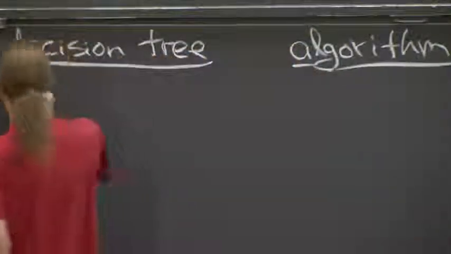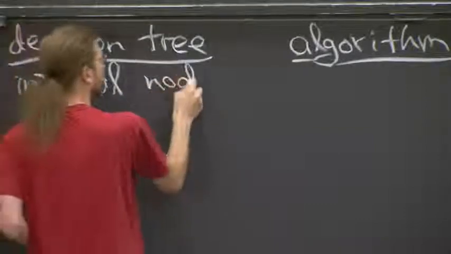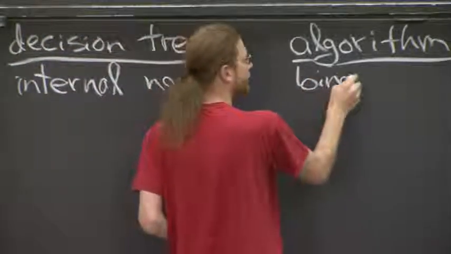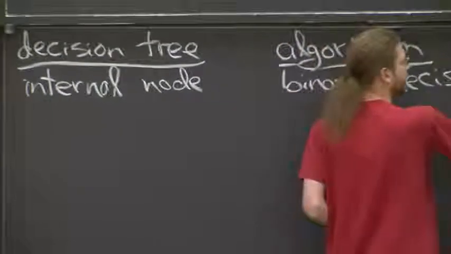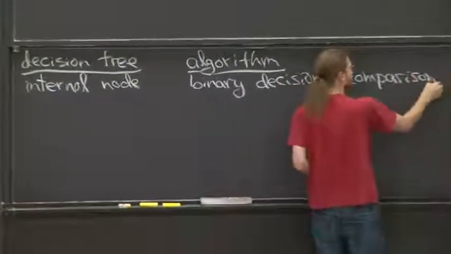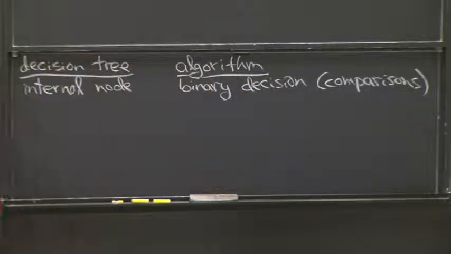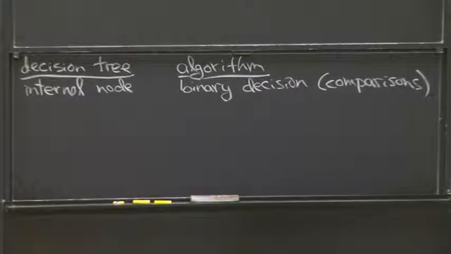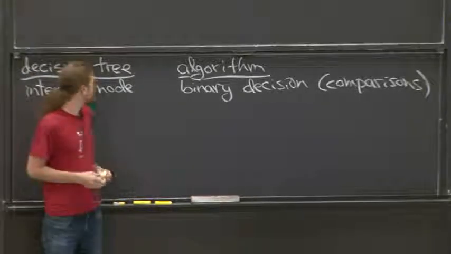And so when we have an internal node in the decision tree, that corresponds to a binary decision in the algorithm. Okay, in this case, we're only looking at comparisons. Slight technical detail, decision trees are a little more general than comparisons. Could be any binary decision here. And everything I say will be true about any binary decision you make. But comparisons are the ones we kind of care about because all of our algorithms are doing that.